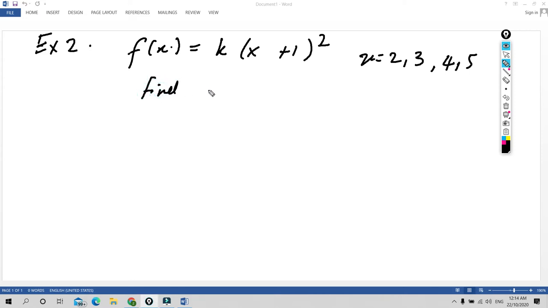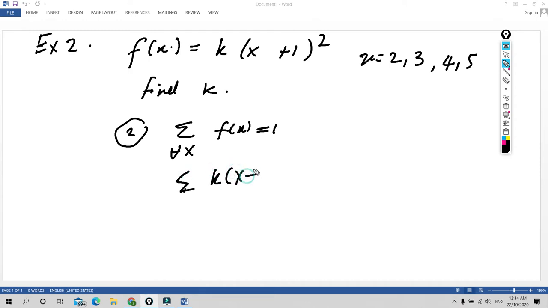By property number 2, the summation of f(x) for all x must be equal to 1. So we have the summation of k(x plus 1) squared for x equal to 2, 3, 4, and 5, which must equal 1.